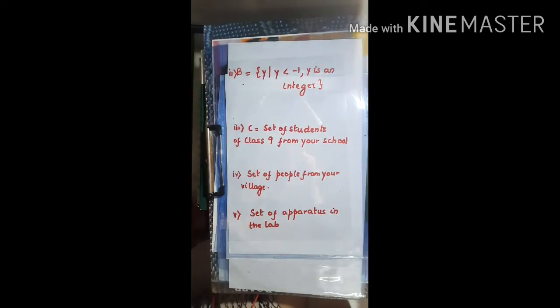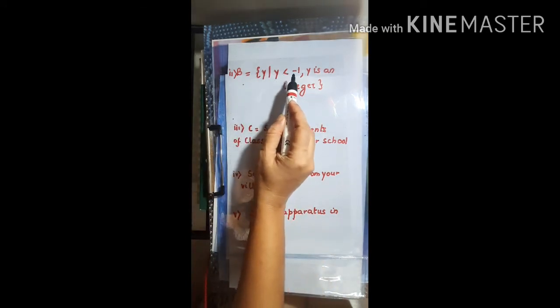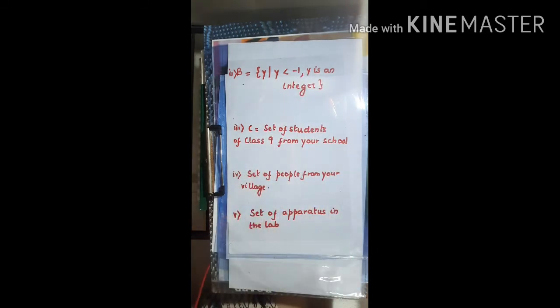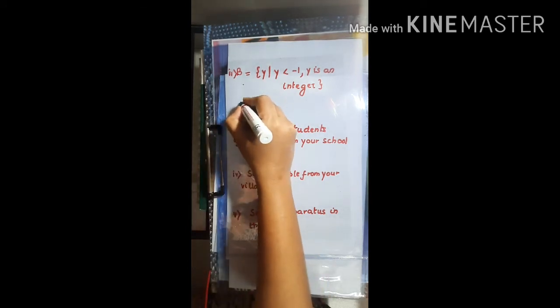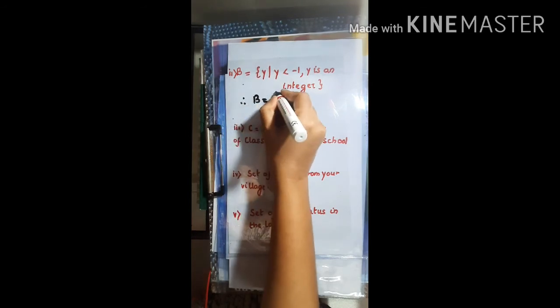Second sum, I have just written the sums out already. B is a set of all y such that y is less than minus 1 and y is an integer. Therefore, integers less than minus 1.